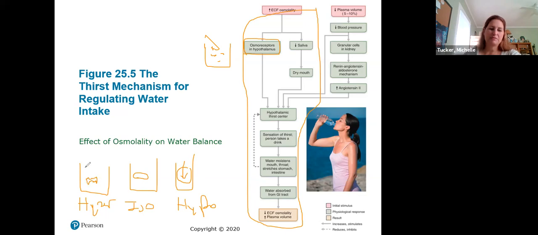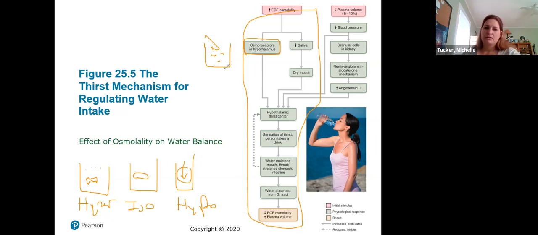So this tonicity of the solution affected the red blood cell shape. And when we talk about osmolality, we're now talking about this on a system-wide scale. If our blood is too salty, so it's going to be hypertonic, then water moves out of our cells to try and equilibrate that osmolarity, because water has no choice. It has to move along its concentration gradient.